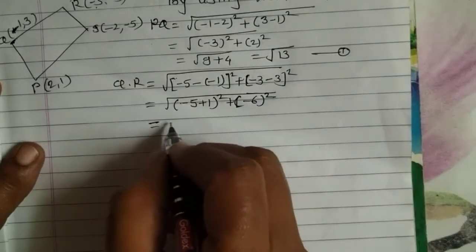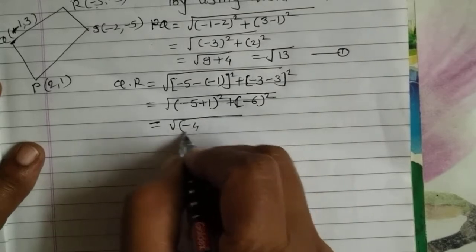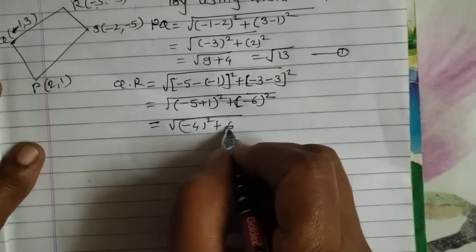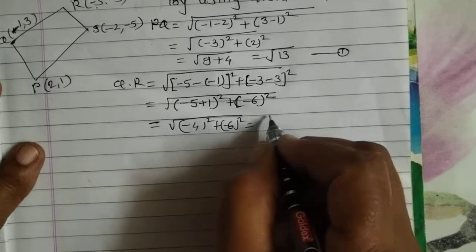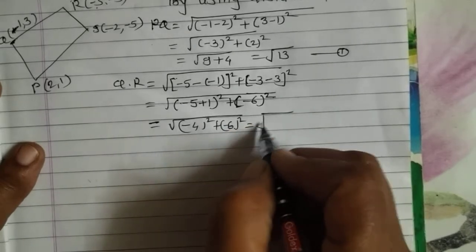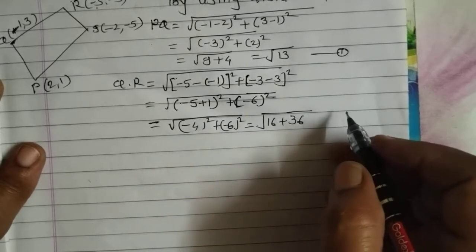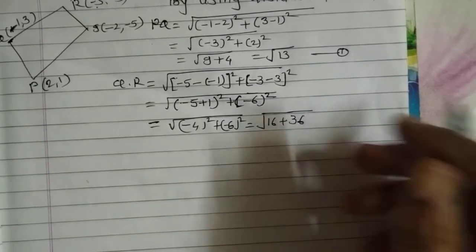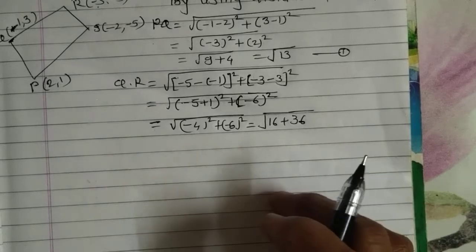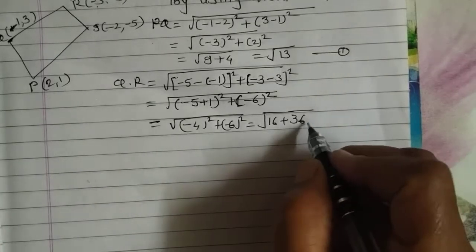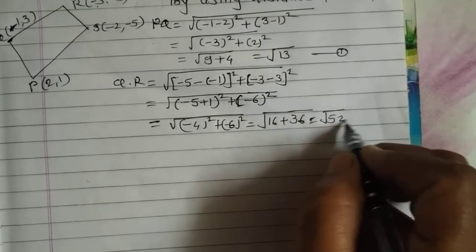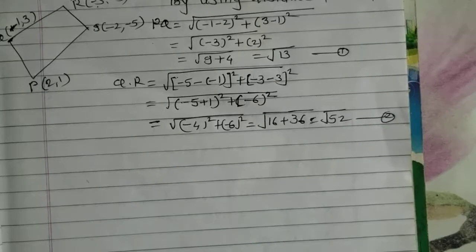That is equal to minus 5 plus 1 means (-4) bracket square plus (-6) bracket square. And that is equal to 4 square means 16, 6 square means 36. And that's why the answer is root 52. That is the second length.